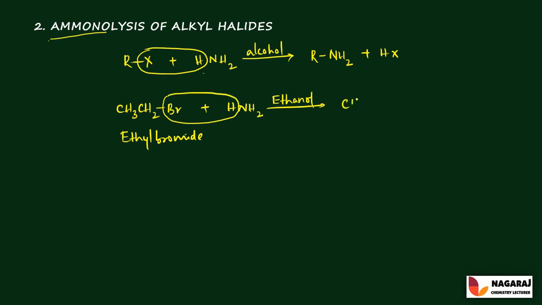The remaining product is CH3CH2NH2 plus HBr. The obtained product is called ethylamine, or it is called ethanamine.